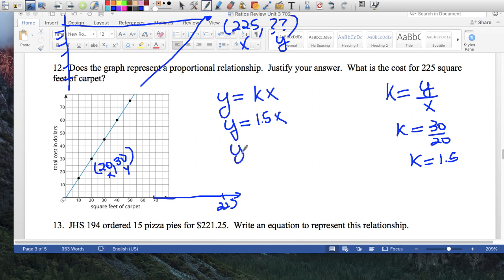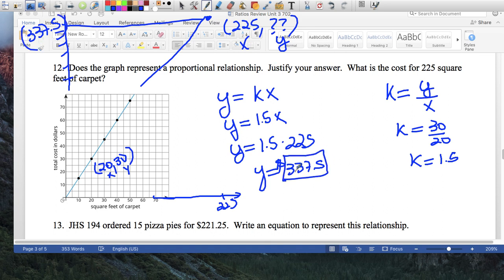So you get y, which we don't know. It's 1.5 times 225, and 1.5 times 225 equals 337.5. So if you continue from the y-axis here, this would match up with $337.50. Okay, that'll be your answer. The y value would have been $337.50.